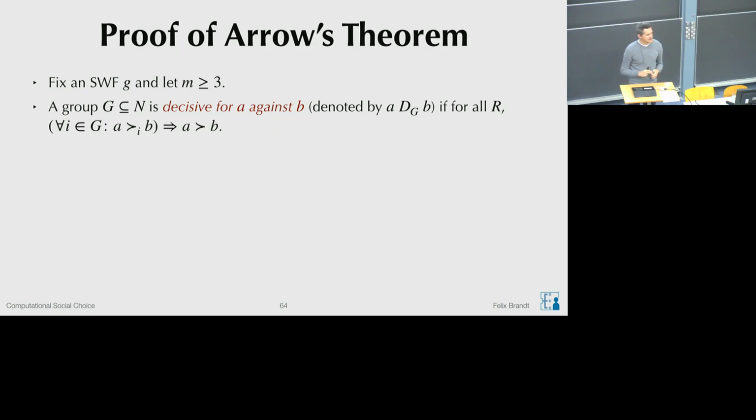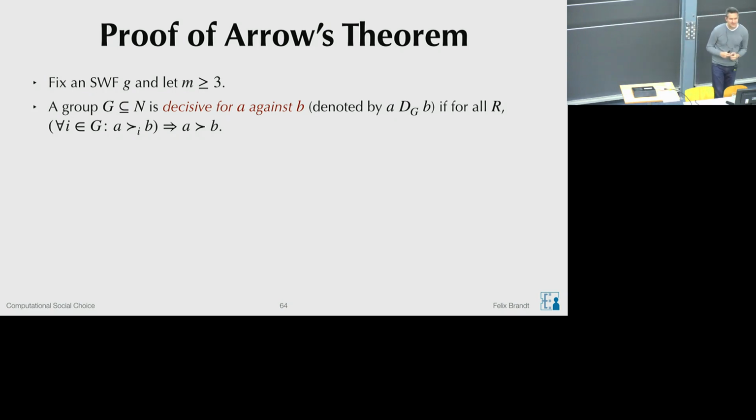Can you think of any example of a decisive group that we have already encountered? I can think of at least 2 of them. Sorry? Dictatorship, yeah, that's a great example. Dictators are just singleton decisive groups. If you have a decisive group that only contains 1 voter, that would be a dictator. And how about Pareto optimality?